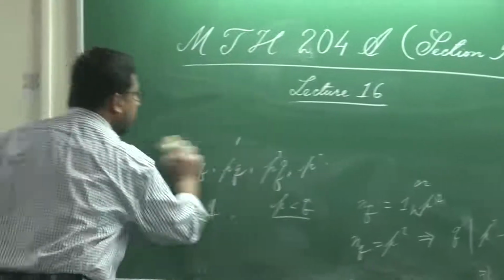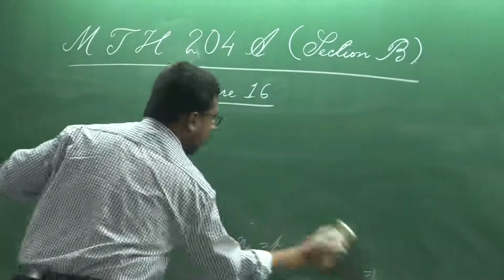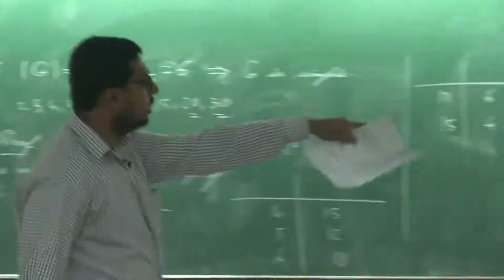And now once that is there, the rest are quite immediate. Therefore G mod K will have order either 15 or 20, since K has order 3 or 4.